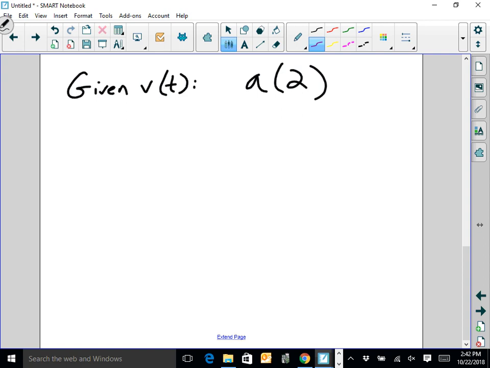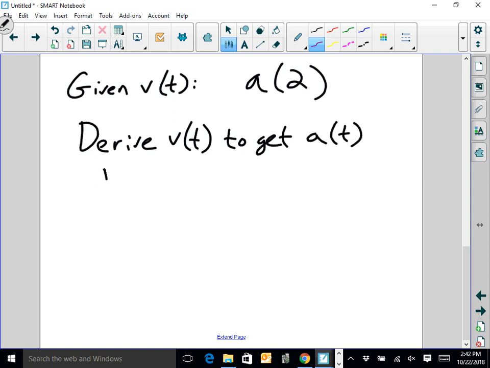So I'm going to have to derive v of t to get a of t, then plug in 2 for t. So to go from v to a, I need to do a derivative. To get a of 2, I plug in 2 for t.